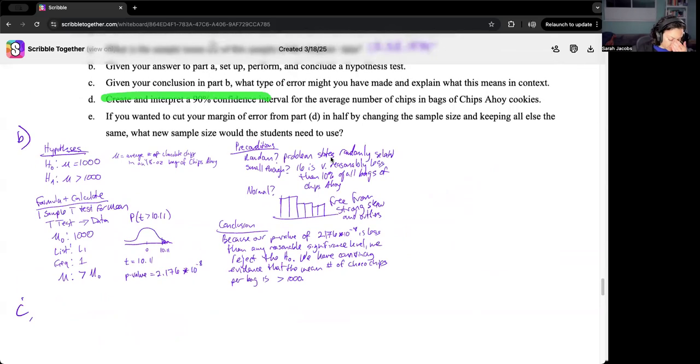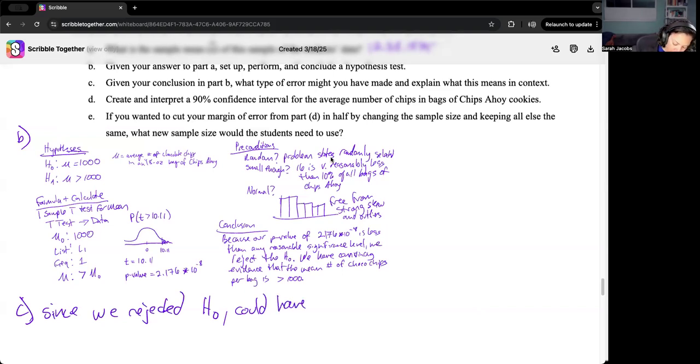Okay, so let's see. Given your conclusion in part B, what type of error might you have made? Well, since we rejected the null, we could have gotten a false positive. And so we could have made a type 1 error.